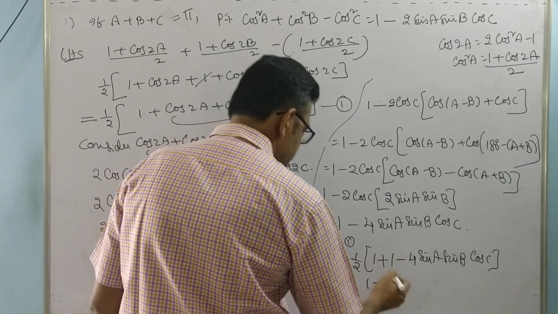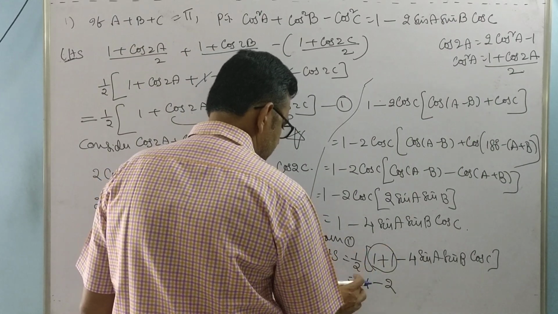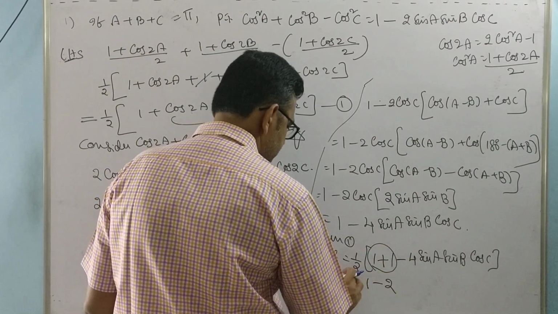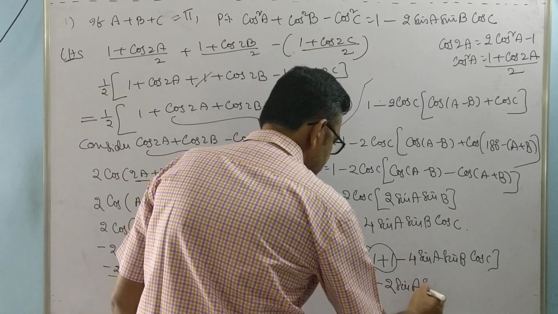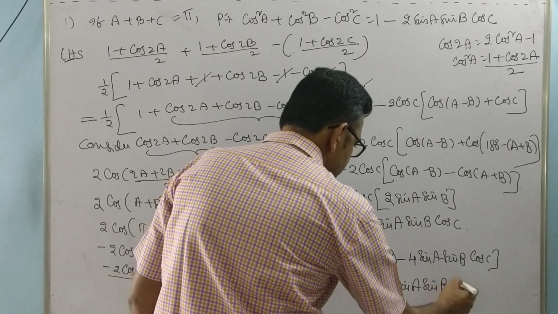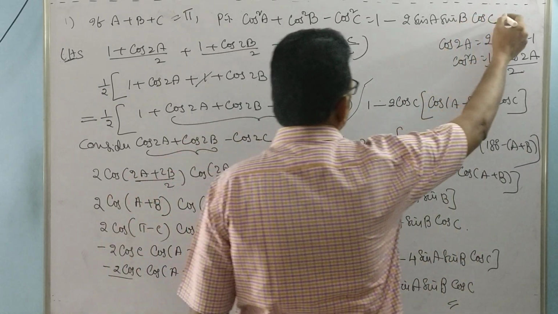So this is 1 minus 2 sin A sin B into cos C. So this is our required result.